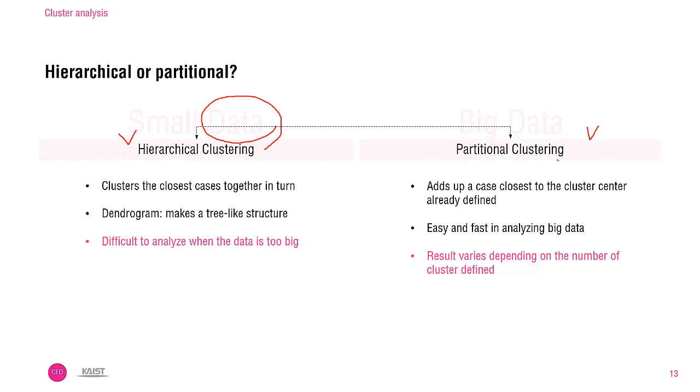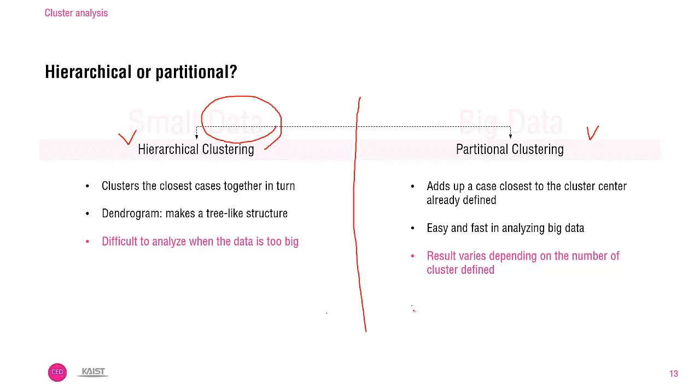So what should be the criteria to say small or big? I think if you can draw a dendrogram on your paper, then it's small enough. But when you had better not draw the dendrogram on your A4 size paper, then it's big enough. That's a very subjective judgment, but I think that's quite adequate criteria to judge whether it's small or big.